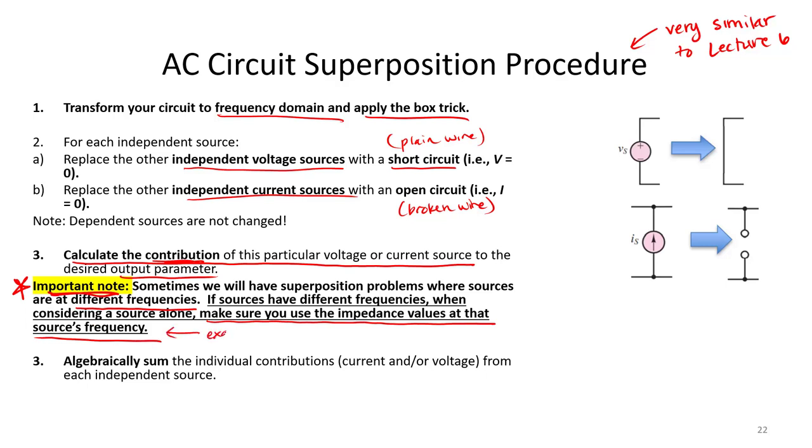So we'll do an example on the next slide. And remember, finally, once you have found the contributions of each source acting alone, you take the algebraic sum in order to determine the total value of that desired parameter. So let's go ahead and take a look at an example of superposition in an AC circuit.